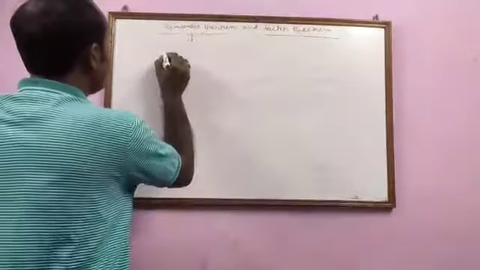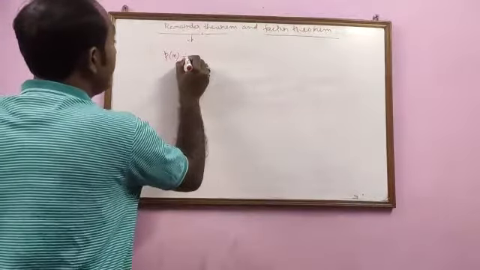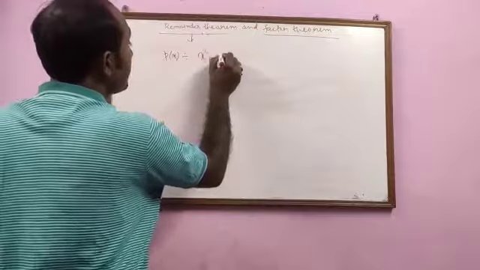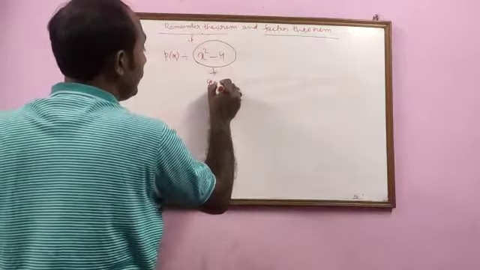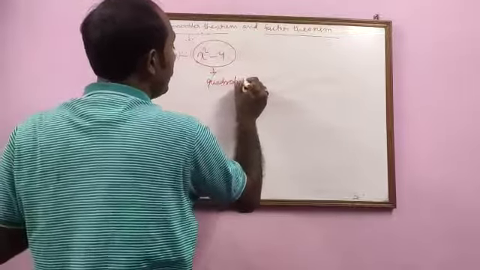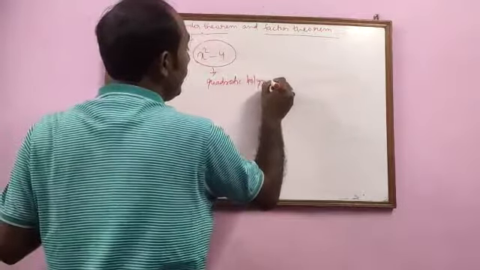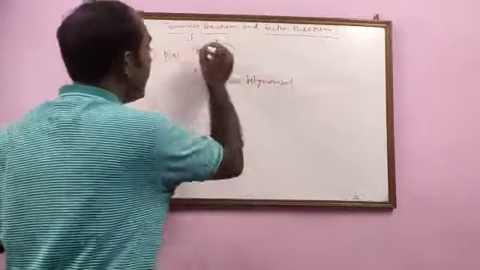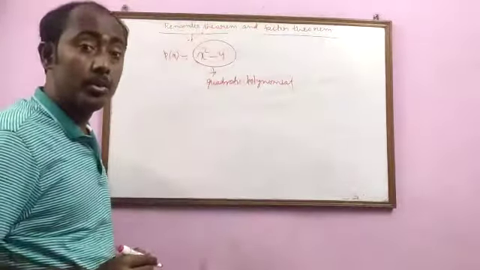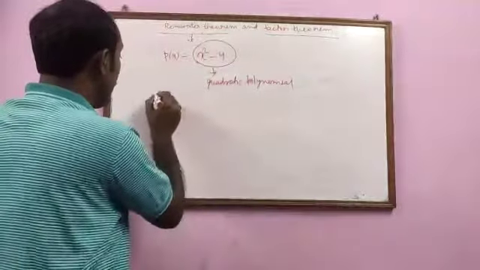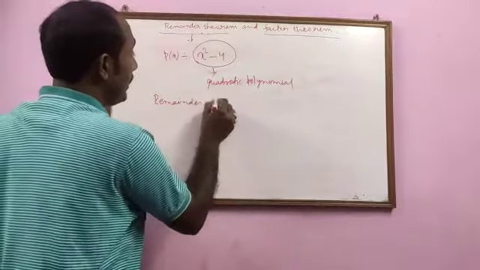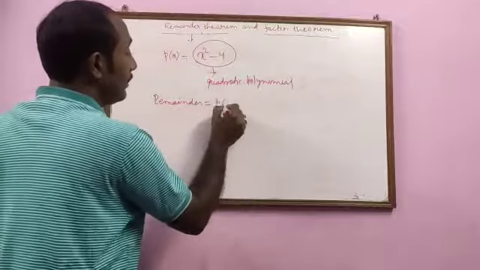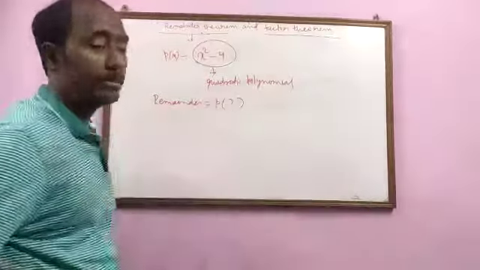Now suppose I talk about P(x) divided by x square minus 4. Now this is a quadratic polynomial. Why quadratic? Because here the highest power is 2, it's not 1. So if you write that by the remainder theorem, the remainder is equal to P of, a question mark.